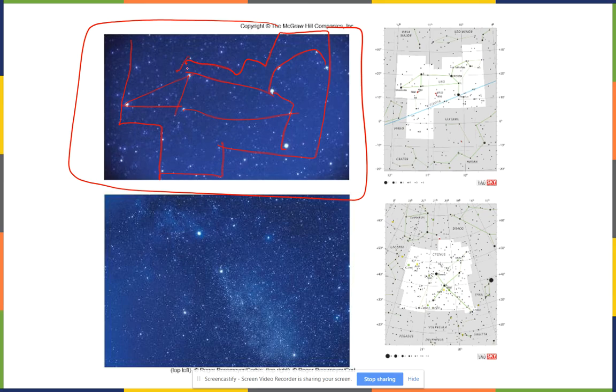Goes down again. Oops, actually went down again in the middle. Okay, I'm not doing a very good job. You can see I'm trying to copy the line. The line's over here. So something like that is the area for the constellation.